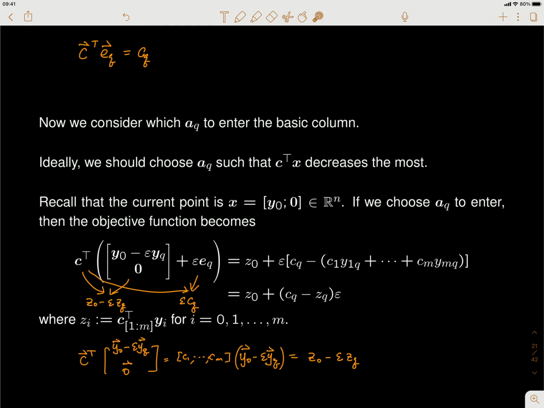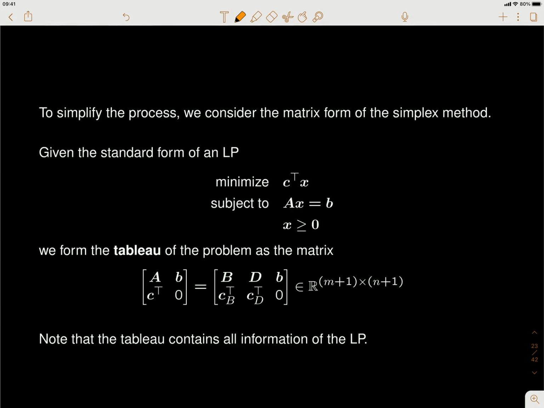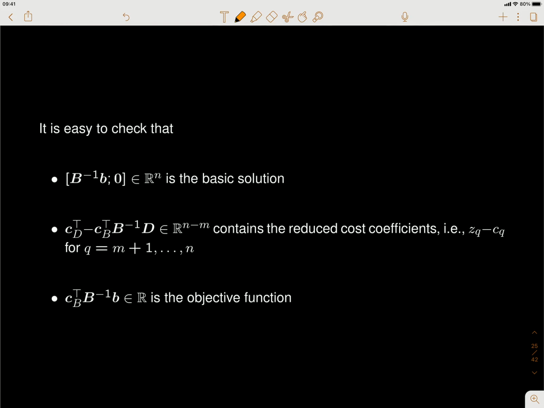The Yi is the ith column of the B inverse D. So if I'm interested in the ZQ, then I'm just multiplying the CB vector with the Q column of this matrix. But this matrix, the first column is the m plus 1th column, up to the nth column. So that's exactly what this term is.